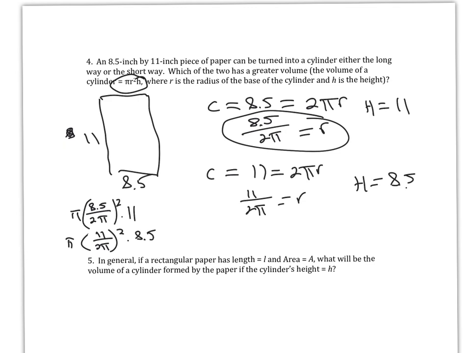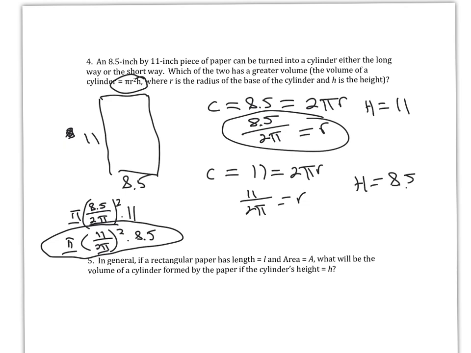Well, we can see pretty clearly we have a pi in both. We divide by 2 pi squared in both. But here we multiply by 8.5 times 8.5 times 11. Here we multiply 11 times 11 times 8.5. So clearly this one is going to give us our greater volume.